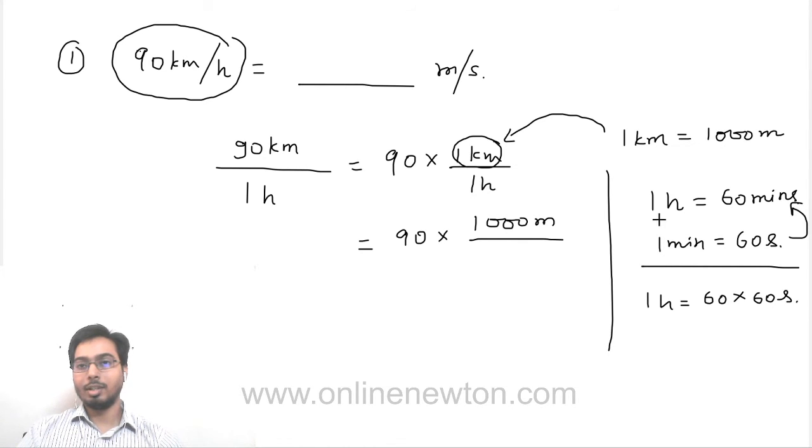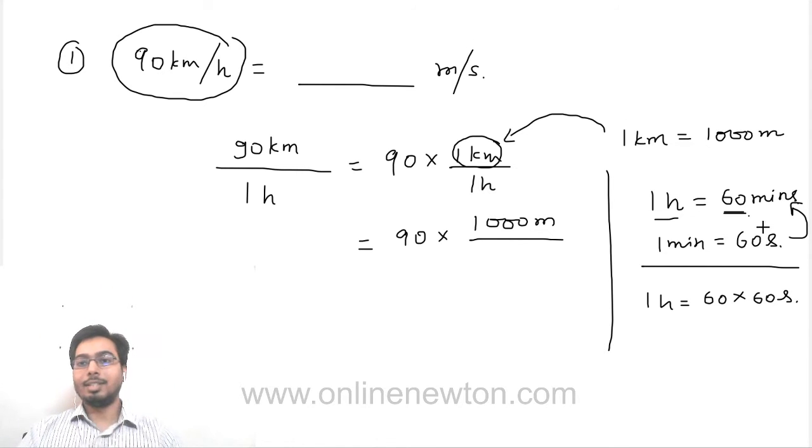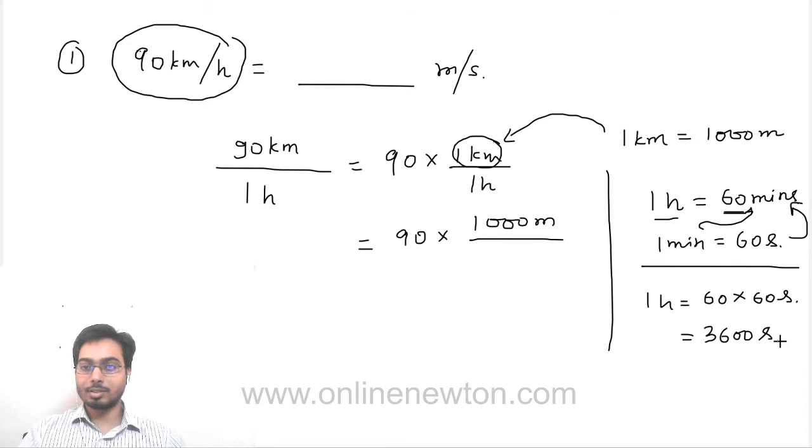If you look closely, every minute is having 60 seconds. So I'm just replacing this thing over there. And that is how we get 60 into 60 seconds. You will get to understand it as 3600, 60 into 60. So you can bring it over here because I need to convert hours into seconds.